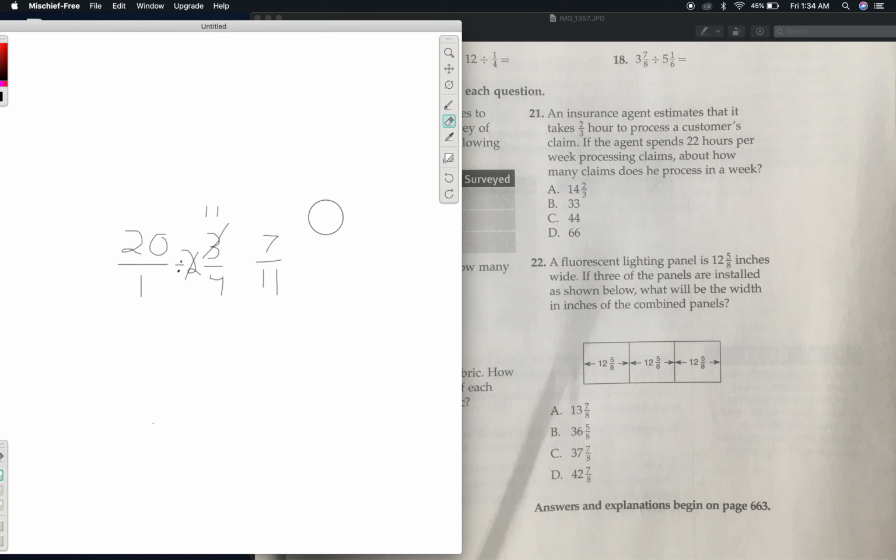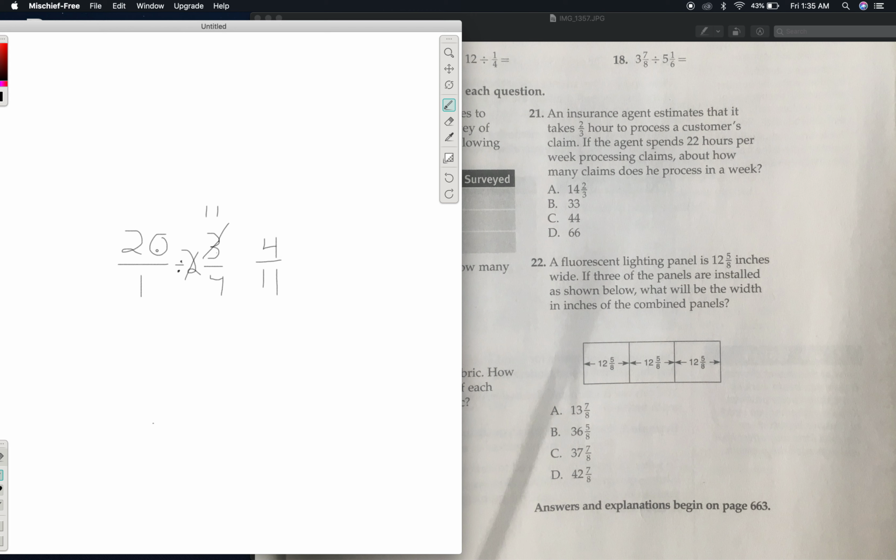So when we inverted this here, 11 and 4, I put a 7 up here when I should have put the 4. Silly me.